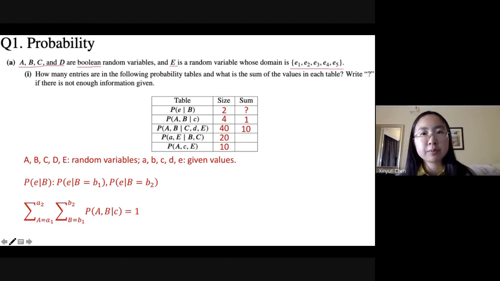For the fourth probability table, the sum is unknown because we have no knowledge of the probability of A given B, C. Finally, for the joint probability of A, C, E, its sum will be the same as the probability of C. If we assume that we know nothing about the probability of each random variable, then again the answer for this part is unknown.